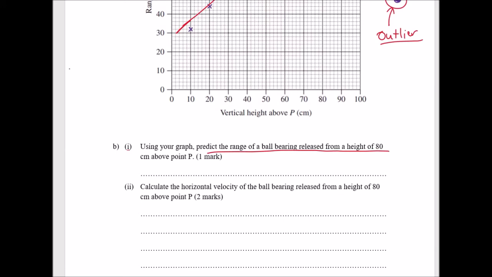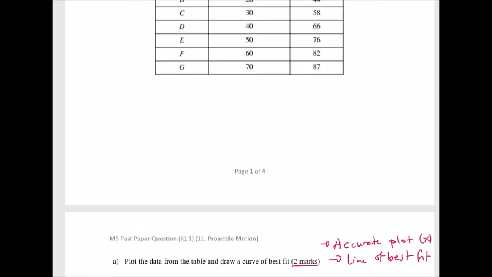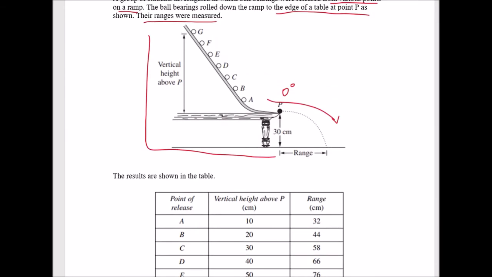And then question 2 says calculate the horizontal velocity of the ball bearing released from a height of 80 centimeters above point P. Okay, so that's what we need to do. So let's just have a look here.